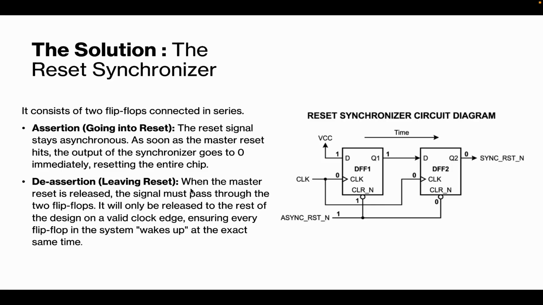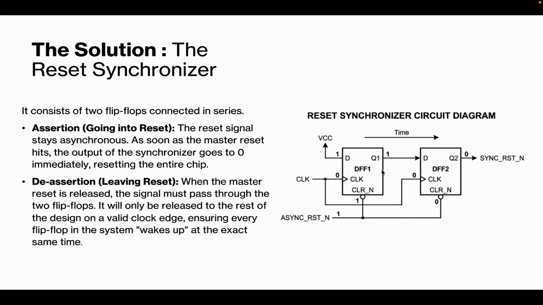Deassertion is leaving reset. When the master reset is released, the signal must pass through the two flip-flops. It will only be released to the rest of the design on a valid clock edge, ensuring every flip-flop in the system wakes up at the exact same time.